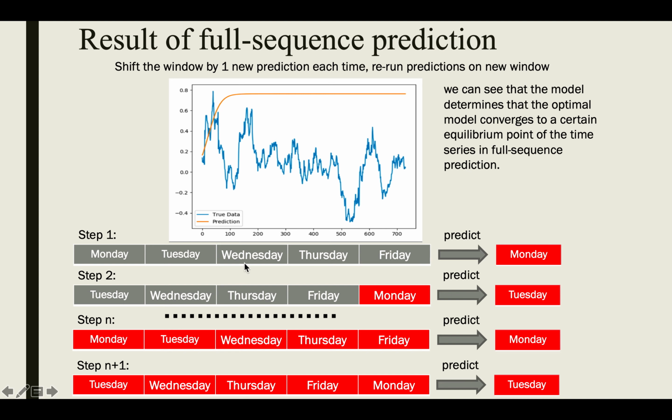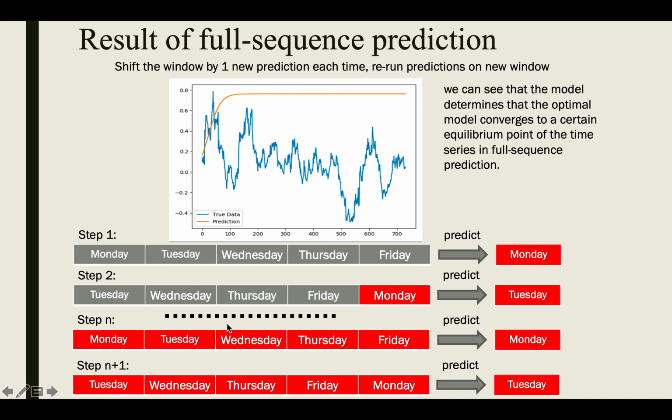The first step is the same as the point-to-point prediction: I have the previous data for a specific stock and predict the next Monday. The difference is I put the Monday data I predicted into the input array to predict next Tuesday.